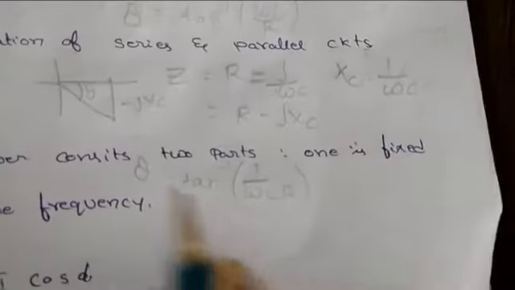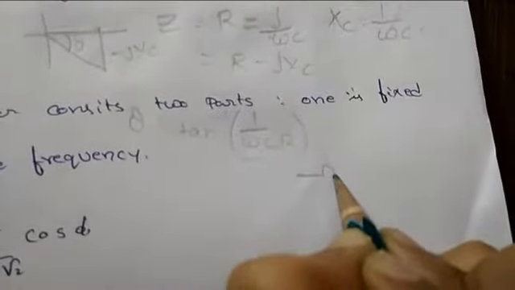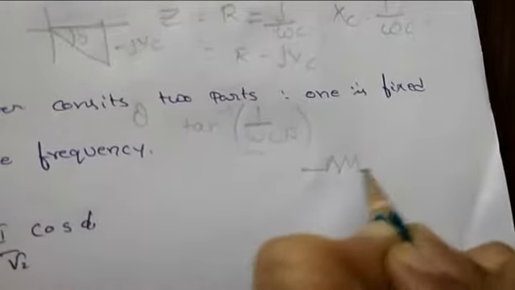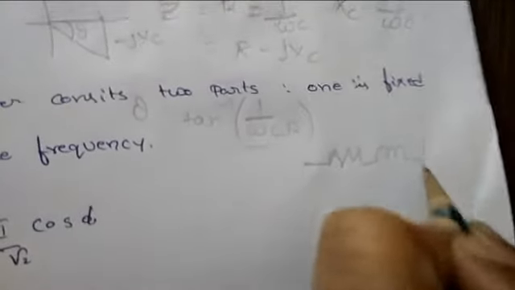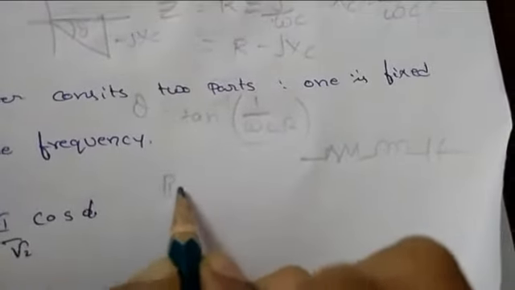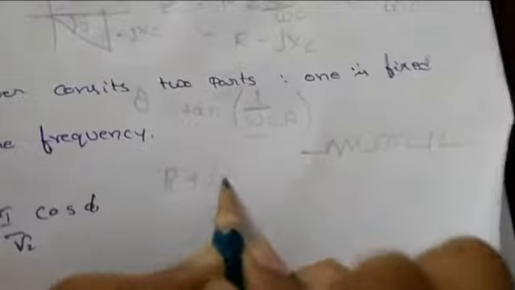If I consider the three-element combination, that is resistor, inductor and capacitor, the total impedance will be R plus jXL minus jXC.